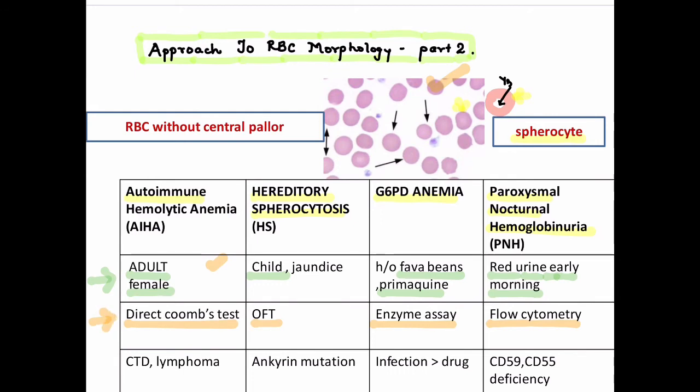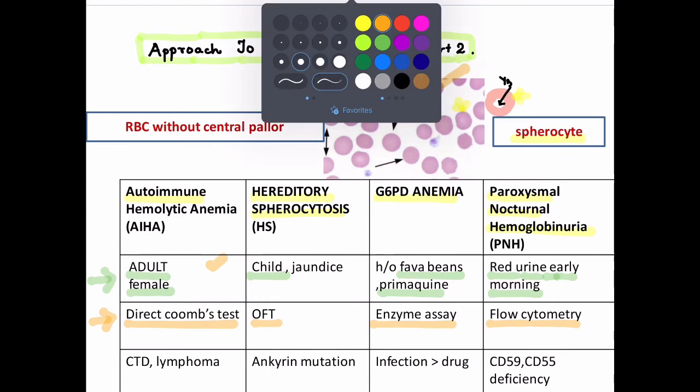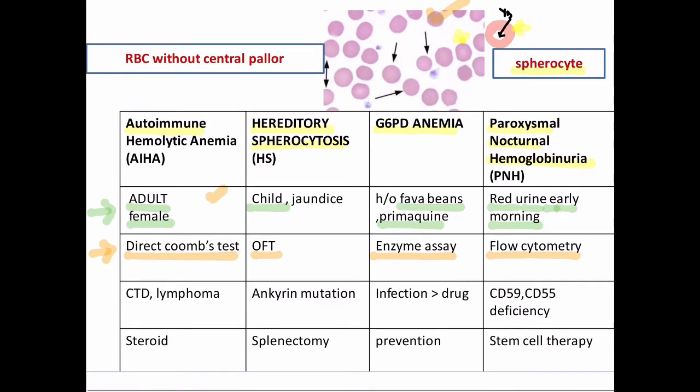Third most important point, if they ask you what is the most common cause of this situation, then tell. If the patient is having AIHA, then it is connective tissue disease and lymphoma which is the most common cause. For hereditary spherocytosis, ankyrin mutation is the most common cause. Ankyrin is a cytoskeletal protein and its mutation is the most common cause of HS.